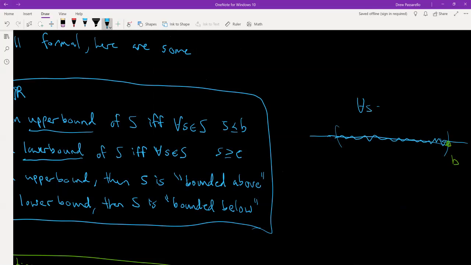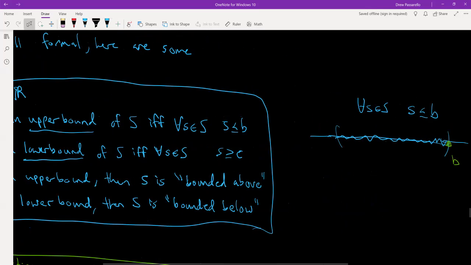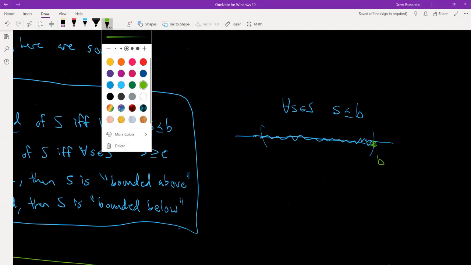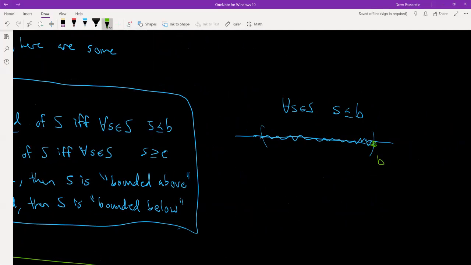So for all s in S, these values are less than or equal to the value B. That's really just an upper bound, but I could also have B be something else. Like for instance, I actually drew what the supremum was, but this could be B also. So this is an upper bound because it's larger than all the elements in S. In this case, I already drew, this B is the least upper bound.